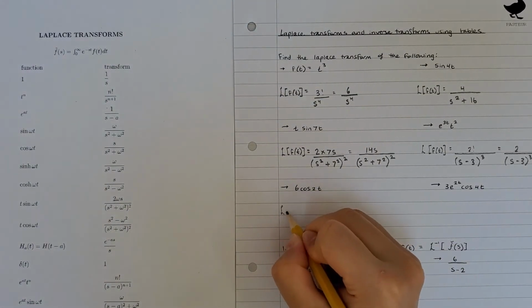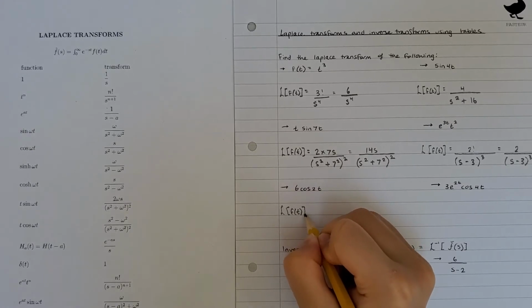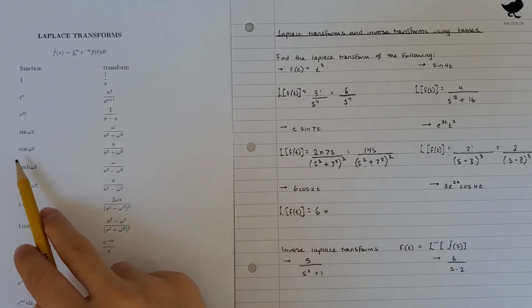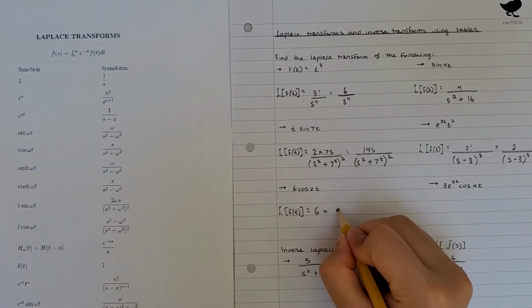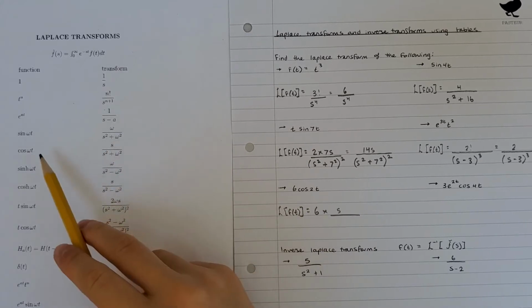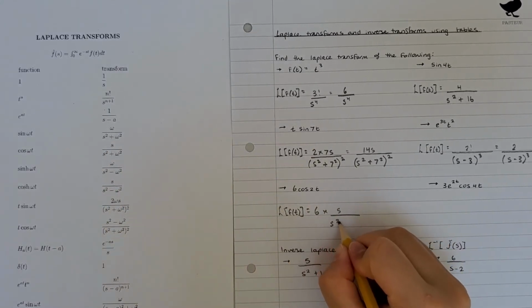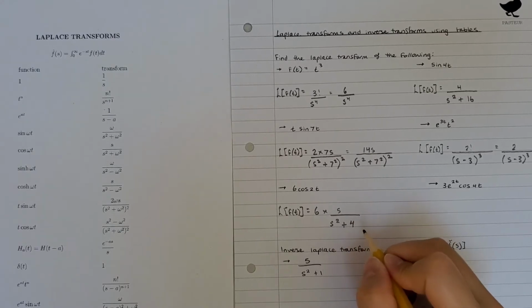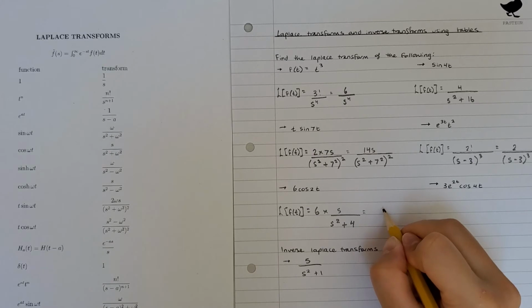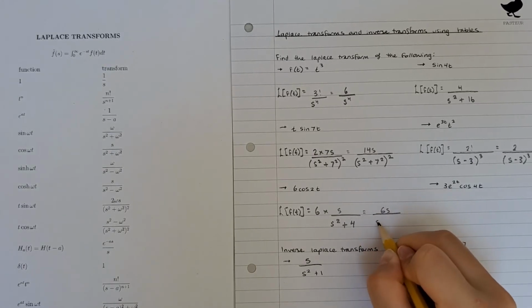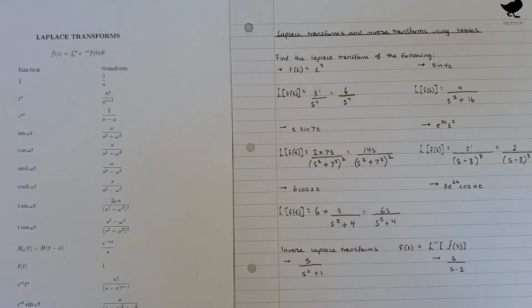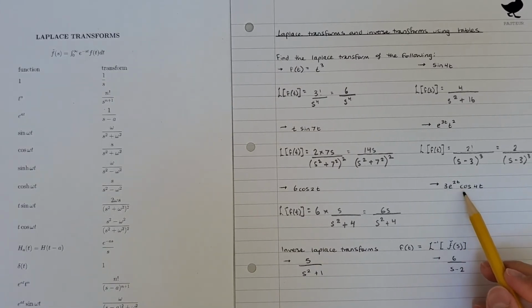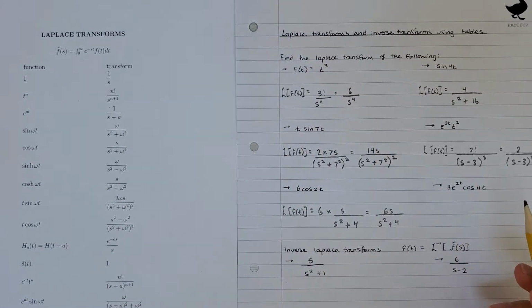So the Laplace transform is 6 multiplied by cosine 2t, so we have s over s squared plus 4, which is 2 squared, and of course we multiply, so we have 6s over s squared plus 4.